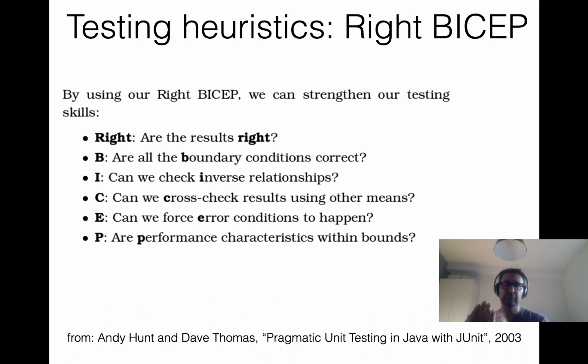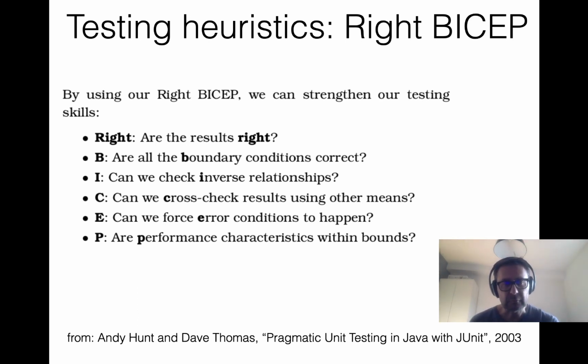If you make a very small change to the image, you expect it to still say cat in a sense. So you're somehow relating here. Maybe this was not an inverse in particular, but you're relating two actions or multiple actions to each other. But the I in BICEP is specifically about inverse actions or relationships.